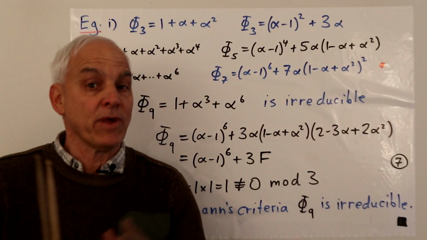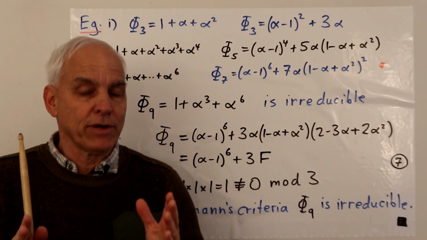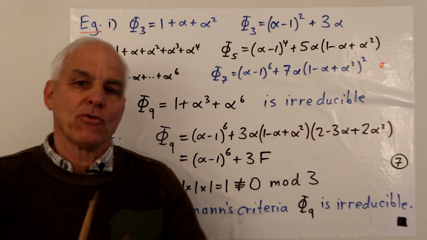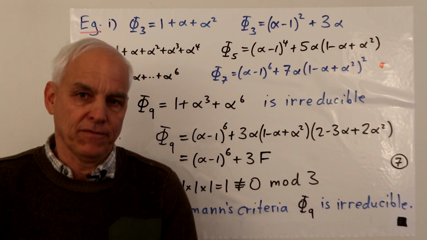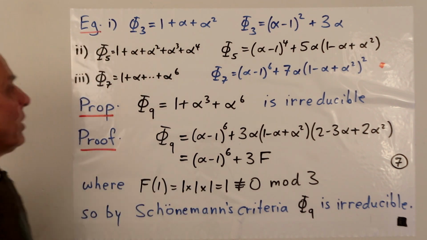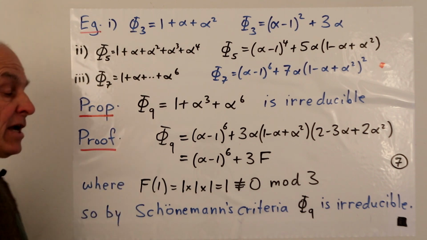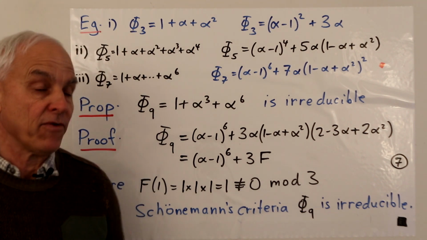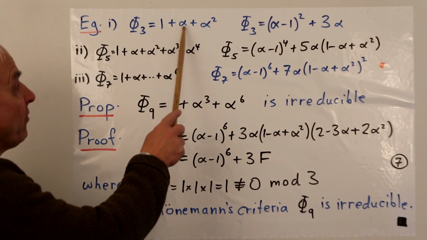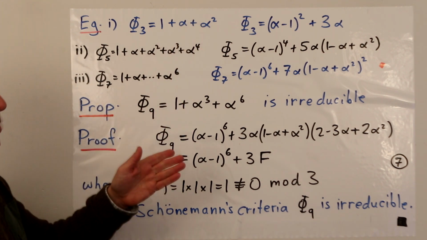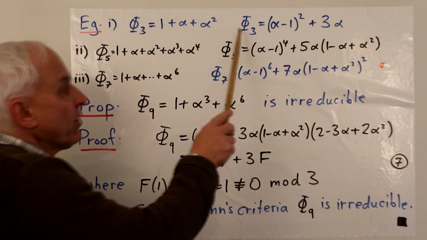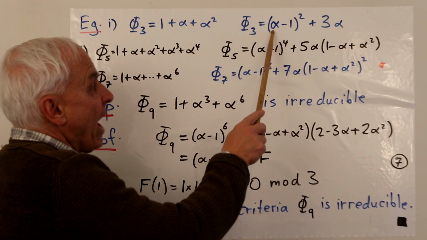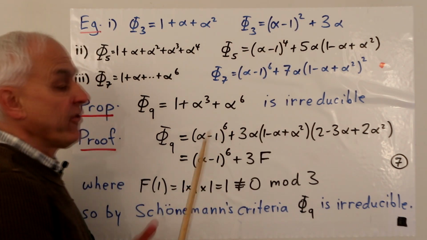Okay, so that argument's rather abstract. Let's have a look at some concrete examples to reinforce our understanding of that situation. So let's look at a couple of the cyclotomic polynomials where the number is prime. So phi sub 3 is 1 plus alpha plus alpha squared. It's of degree 2. So we could write it as phi sub 3 equals (alpha minus 1) squared plus something else.